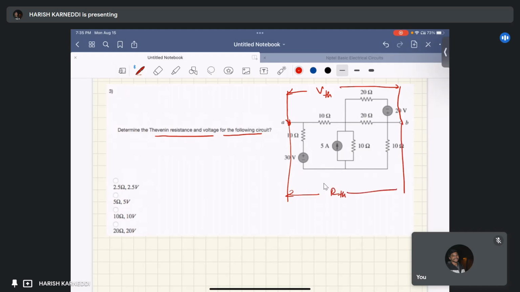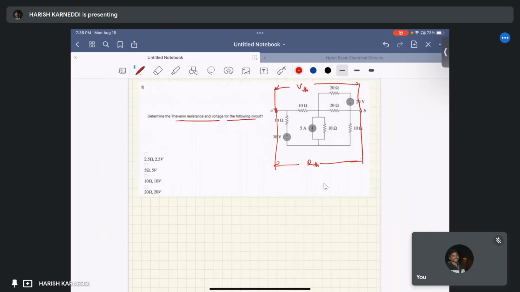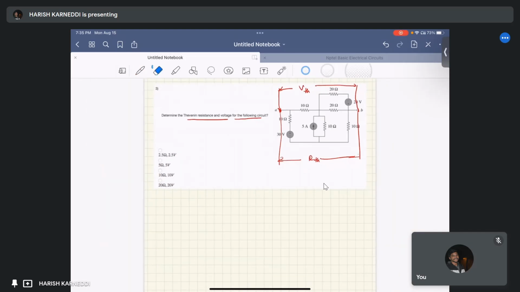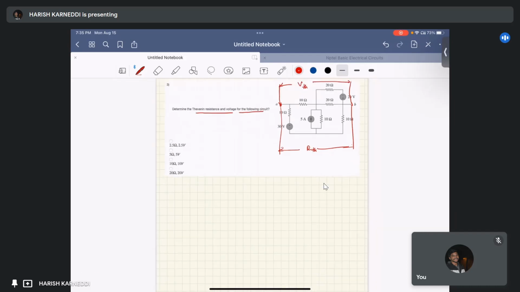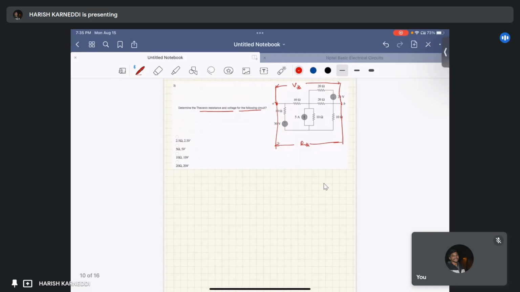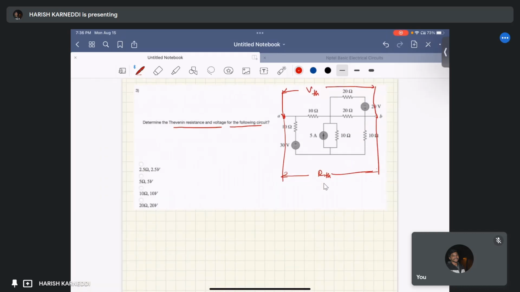This is what Thevenin's resistance and Thevenin's voltage. So to identify the Thevenin's resistance, we have to replace all the independent sources to make zero. It means we have to replace this voltage source with a short circuit and this current source with an open circuit.